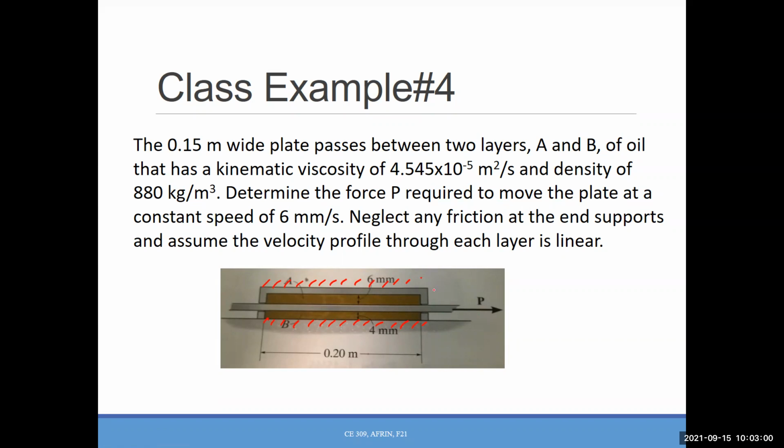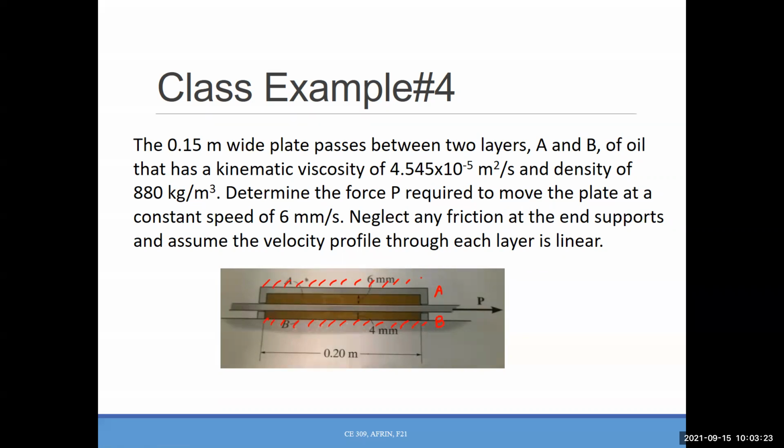The top part is called A, and maybe the bottom part is called B. They are asking you to find what will be the force you are pulling this plate with so that the velocity of that plate will be 6 millimeters per second, right? That is the question. Now, we will solve that.